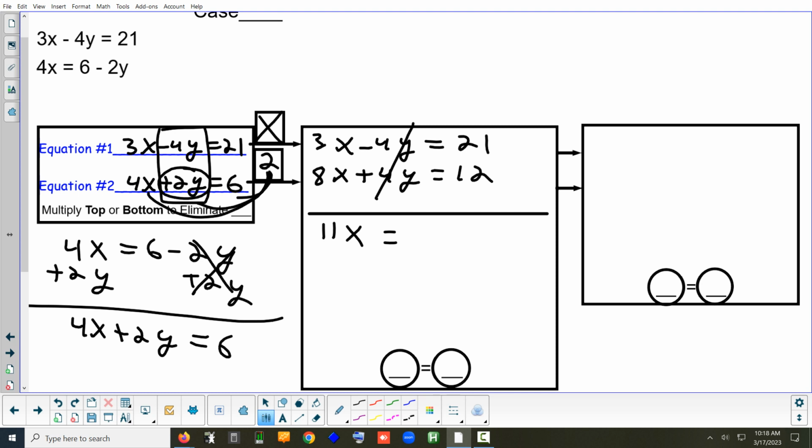So just add the numbers up in their columns. What's 1 plus 2? 3. And then 2 plus 1. So 33. Yep. So 11x equals 33.